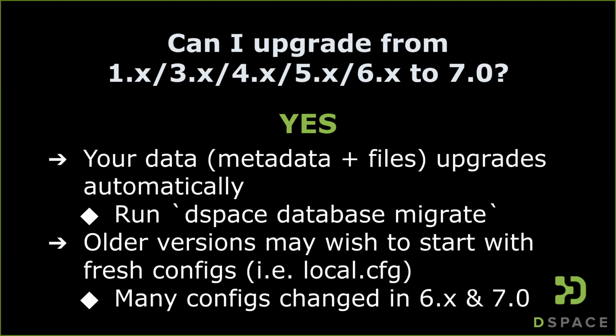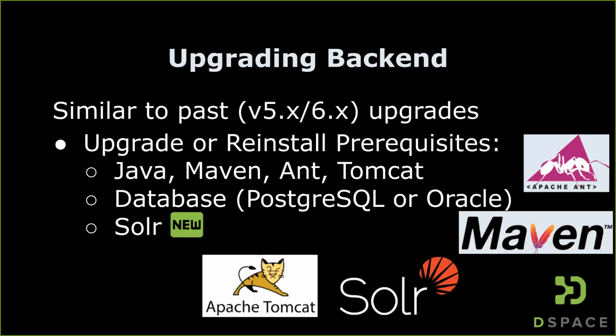But if you're not yet upgraded to DSpace 6, you really should look more closely at that local.cfg and perhaps reconfigure some things in there, because a lot of configurations changed in DSpace 6, and there have been some that have been added and modified a little bit in DSpace 7, but there was a lot that changed in DSpace 6 to be aware of. So let's go ahead and move forward. That backend upgrade process, that automated upgrade from any of these old versions, is very similar to the past. So if you upgraded from 4 to 5 or 5 to 6, or even 3 to 4, a lot of those are quite similar to what you're seeing here.